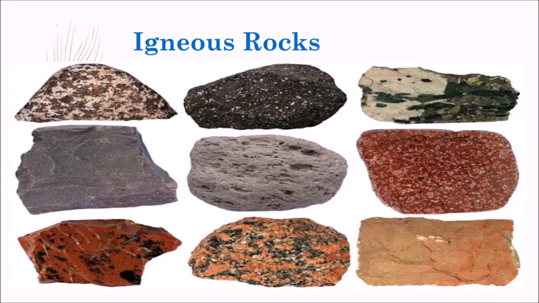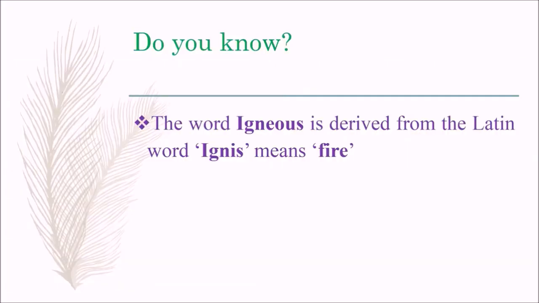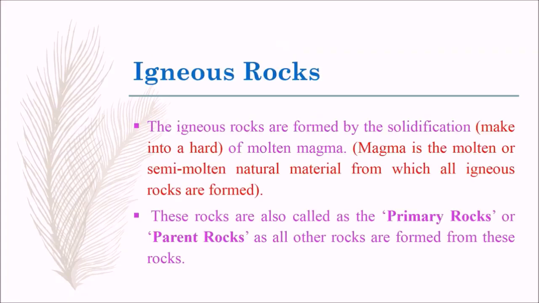First we are going to learn about igneous rocks. Do you know what is meant by igneous? The word igneous is derived from the Latin word ignis, means fire. Igneous rocks. The igneous rocks are formed by the solidification of molten magma.